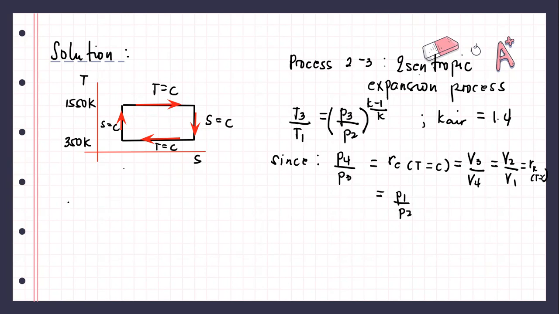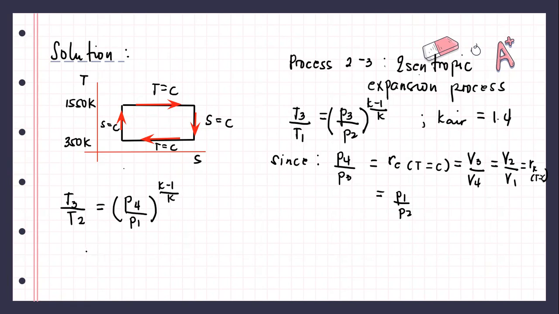Therefore, we have T3 over T2 is equal to P4 over P1 raised to K minus 1 over K.